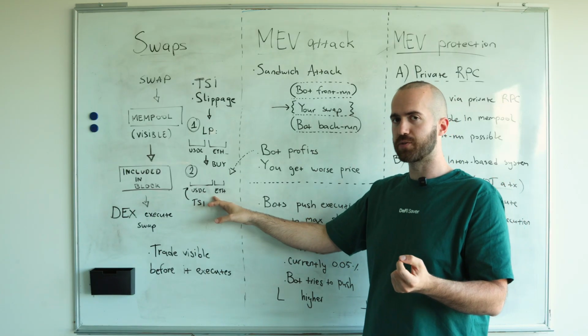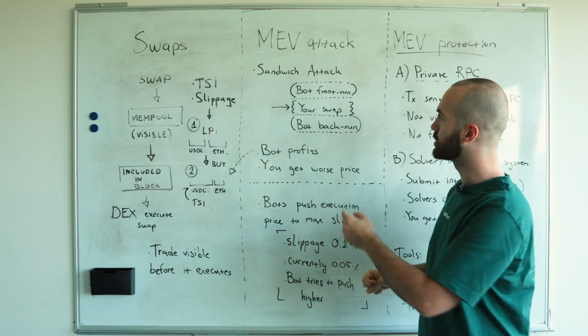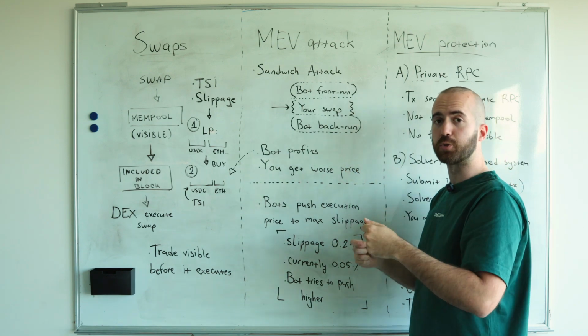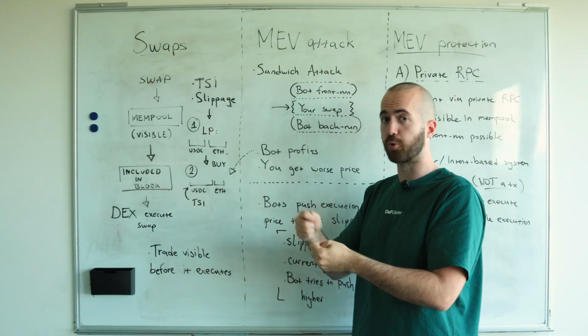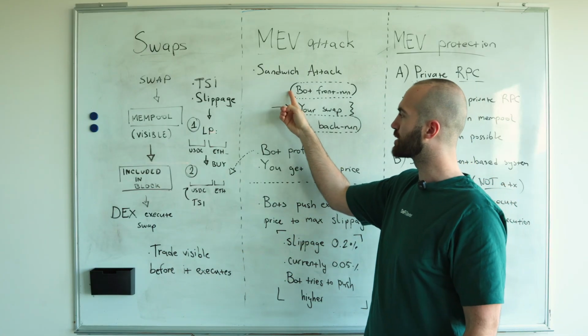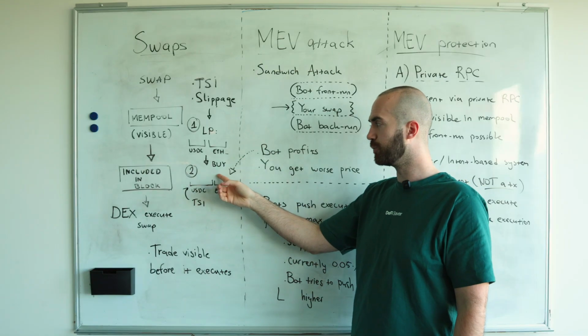So what it does is, you want to buy ETH. It's going to front run you. That means it's going to compete to have its own swap submitted before yours goes through, and it's going to buy ETH before you do.